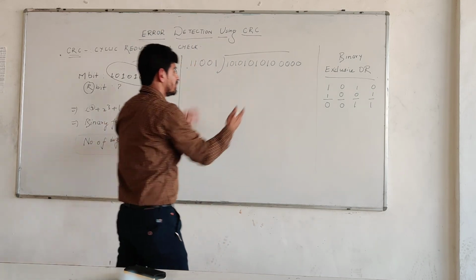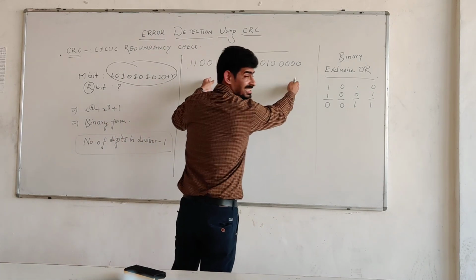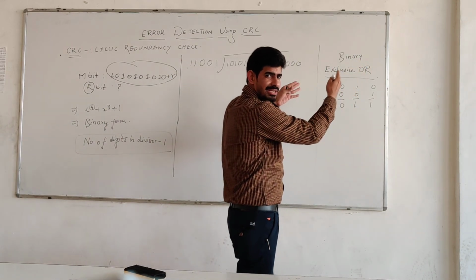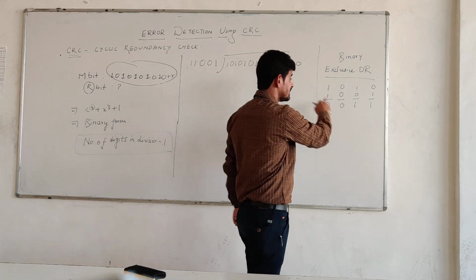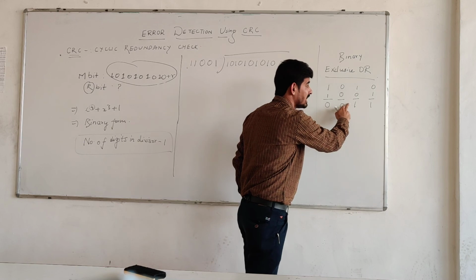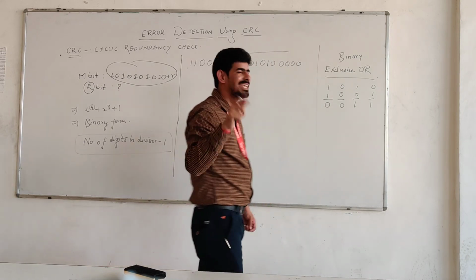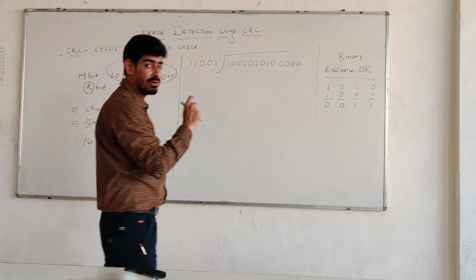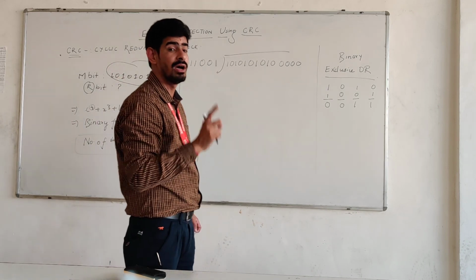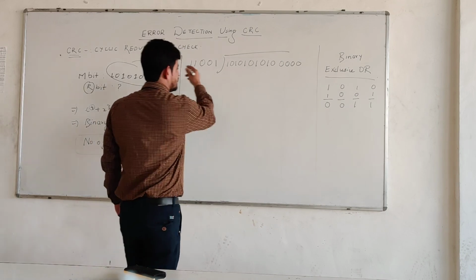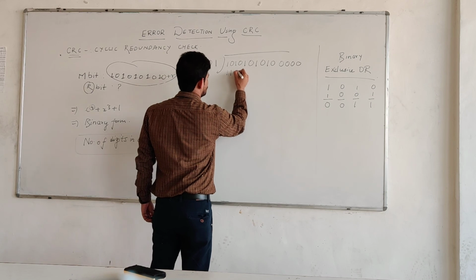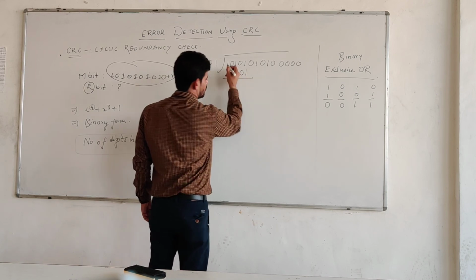Now we will start our binary division, and the binary exclusive OR division method has the property that similar digits give 0 and different digits give 1. So keep in mind that similar digits give 0 in binary exclusive OR and different digits give 1. So we start dividing by 11001. What will we get?